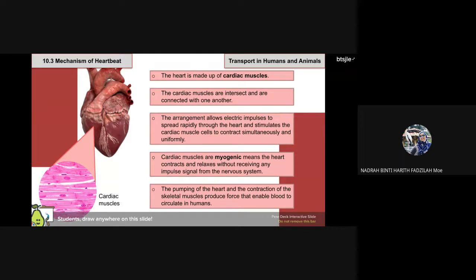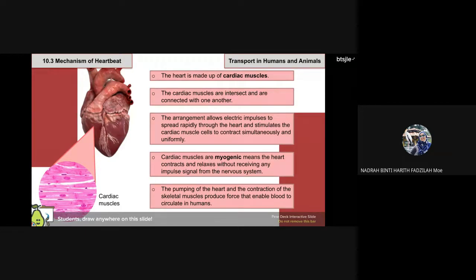So sekarang ni untuk mechanism of heartbeat, we are focusing on the tissue that makes up the whole heart. Dalam mechanism of heartbeat ni, kita akan banyak fokus kepada tisu yang membina otot jantung, yang membina jantung itself, which is cardiac muscle.